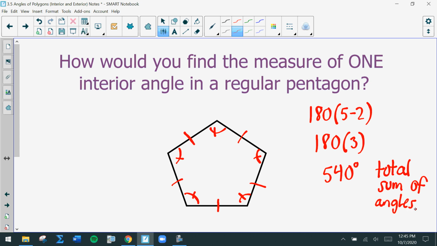But I just want to find one angle in a regular pentagon. So we know that they're all the same, so we can divide by the number of sides. And then from there we can do 540 divided by 5 in our calculators to get 108 degrees would be each of these angles.